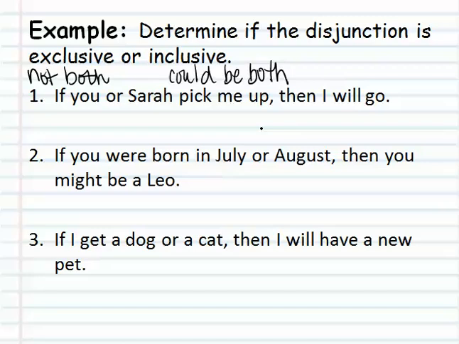Now this statement is being said as if you have a car or Sarah has a car, okay? But you and Sarah won't be riding together. So either one of them, either you or Sarah, will pick me up, then I will go. I can't be in 2 cars at one time. So therefore, this is not both. So this would be exclusive.